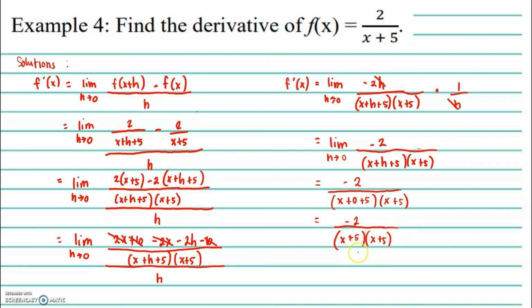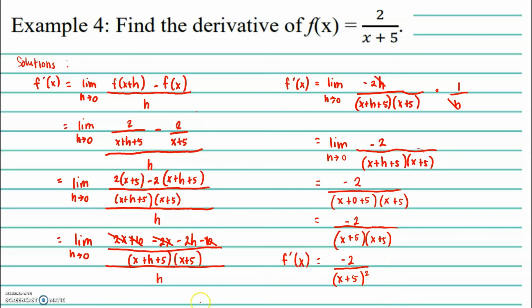Now we can see that our denominator can be expressed as the square of a binomial. So our f prime of x is equal to negative 2 over x plus 5 squared.